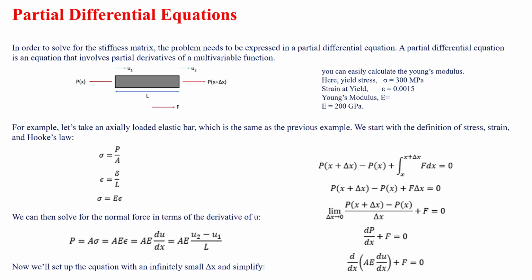The value here is 200 gigapascal, or 2 into 10 to the power 5 megapascal. Remember that 1 Newton per meter square is equal to 1 Pascal. So this is how we formulate these things. I hope it's clear. This is quite simple.